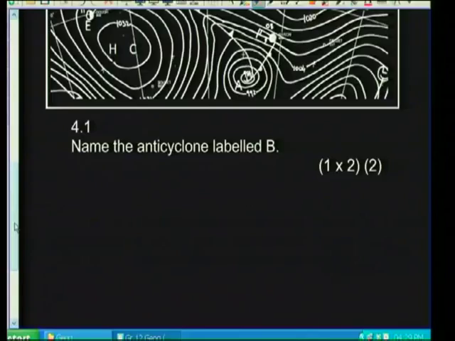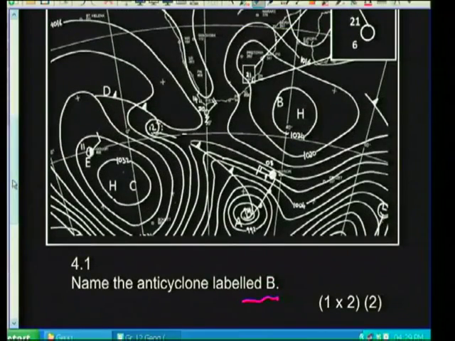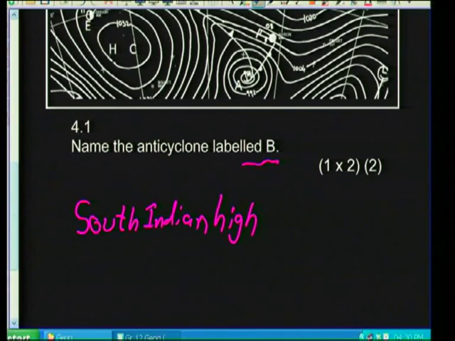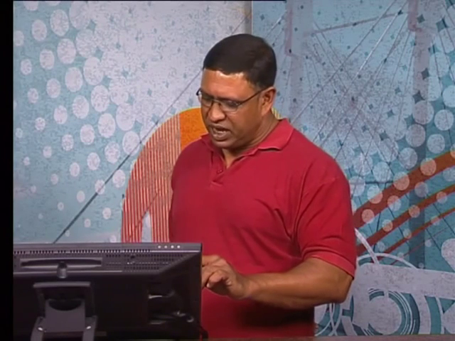Name the anticyclone labeled B. When we look it up clearly here, there's B over here, and as indicated on the other synoptic map that I highlighted, the same one but highlighted, we know B is actually the South Indian High. Some of them call it the Mauritian High, etc. Generally, they know it's also correct, but we stick with South Indian High here.